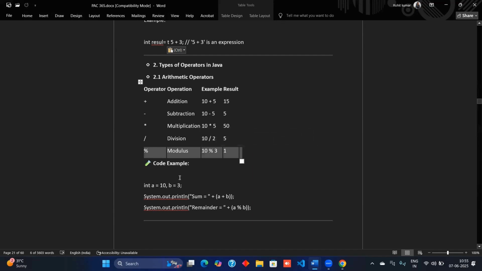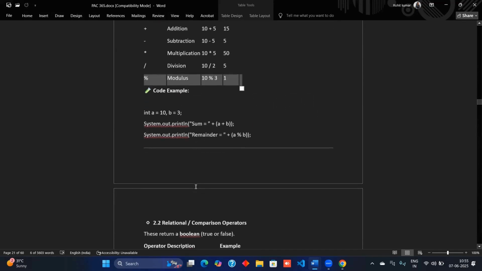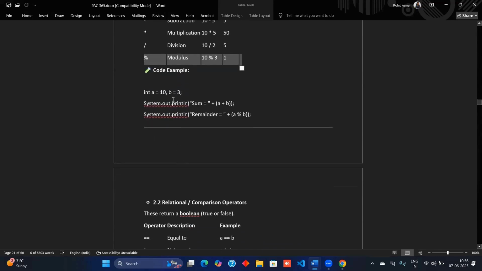Now moving here, we have a System.out.println. We have to print the sum of two values. Within the parentheses and within the double quotes, whatever we write will be printed as a message, and the plus will concatenate it with the a plus b value.